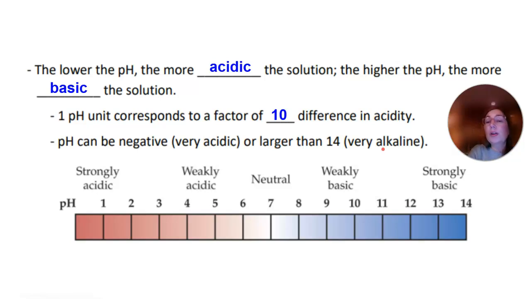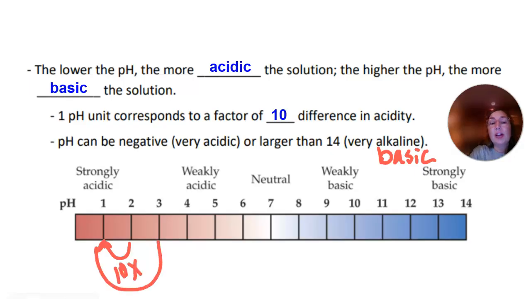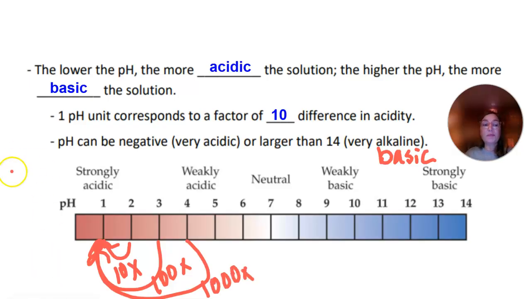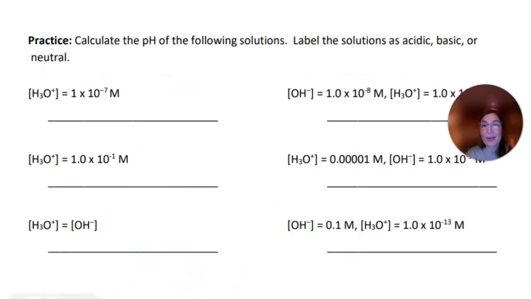So another word for basic is alkaline. And again, when I was talking about the difference in factors, these are a 10x factor, but when you move 2 pH values, it's 100x. 3 pH values, and it's 1,000 times more acidic, and so on. So those are some really big, drastic differences. That is kind of cool.